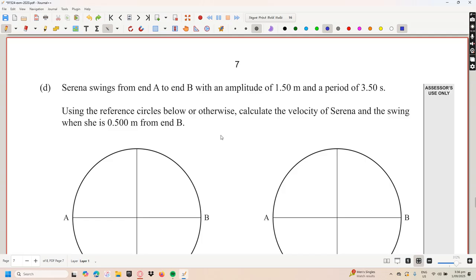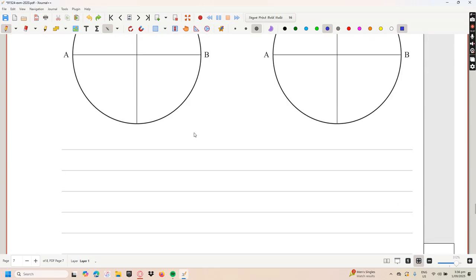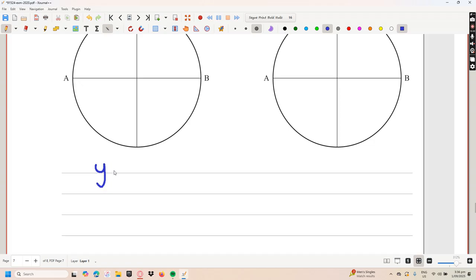I don't use reference circles, so whoops. If you look at the formula sheet, you should get the following equation out of it: y equals A cosine omega t.